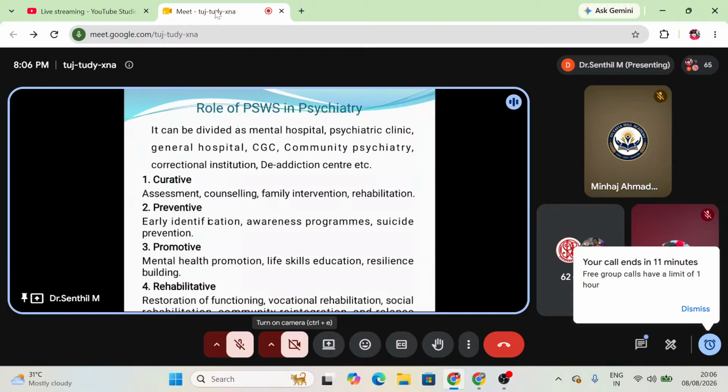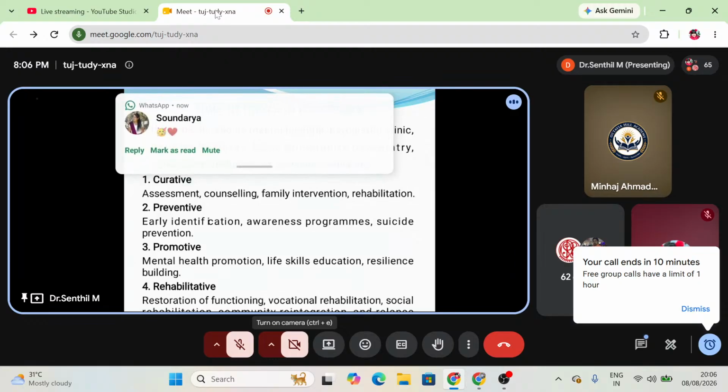We collect information about the family and their details. If there is any problem in the family which is causing the patient's mental health problem, we assess that also. We also assess the occupation of the patient, the finances, the sources of income that they are getting, and the relationships and social support.